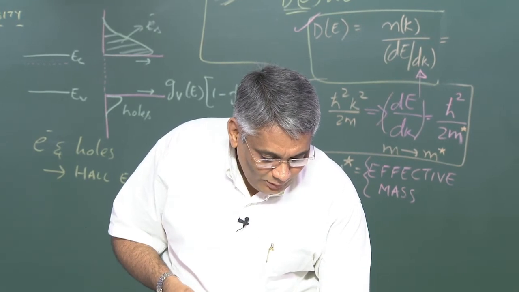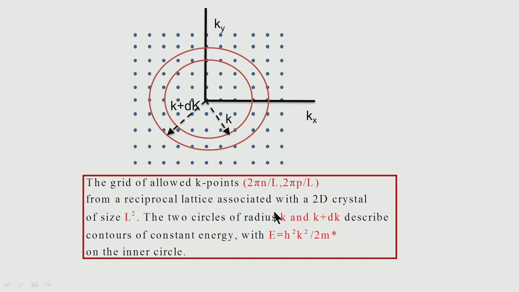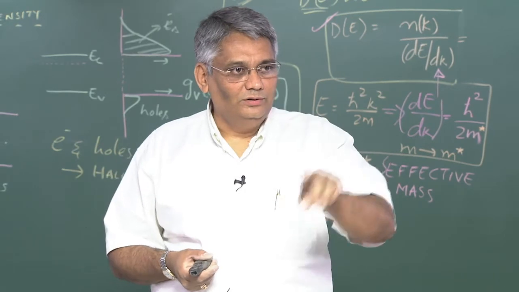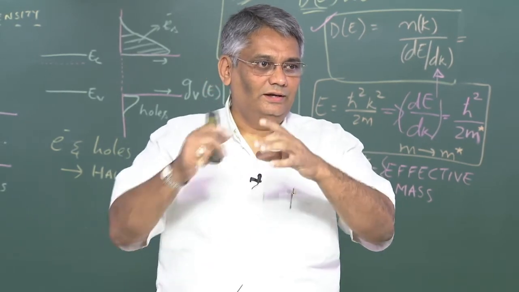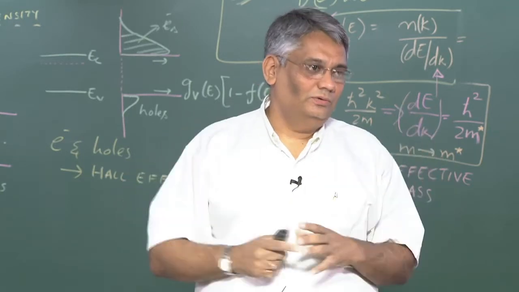So, the allowed k points form a reciprocal lattice associated with a two-dimensional crystal of size L square. The two circles here of radius k and k plus dk describe the contours of constant energy, with E equal to h cross square k square by 2 m star. Exactly that is what you see in the first Brillouin zone: contours of constant energy, and the circles get distorted as you move towards the boundaries.